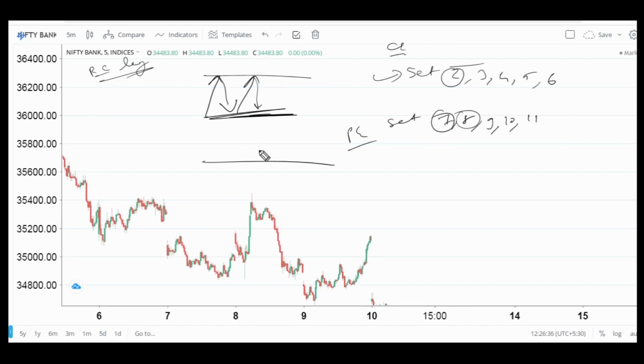Now again the market came down, suppose you are using C set 3. Again the market went up, set 9 used. Again the market went down, set 4 used, then set 10, then again the market went down, set 5. Again the market went up, set 11, again the market went down, set 6. All sets are being used right now.